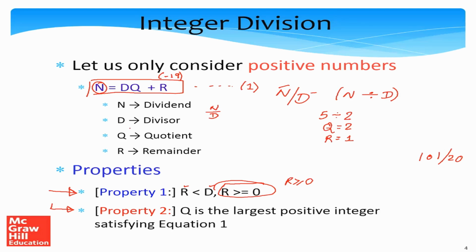So we need to ensure that properties 1 and 2 always hold. Maybe the way that we should modify this slide is to say: satisfying equation 1 and property 1.